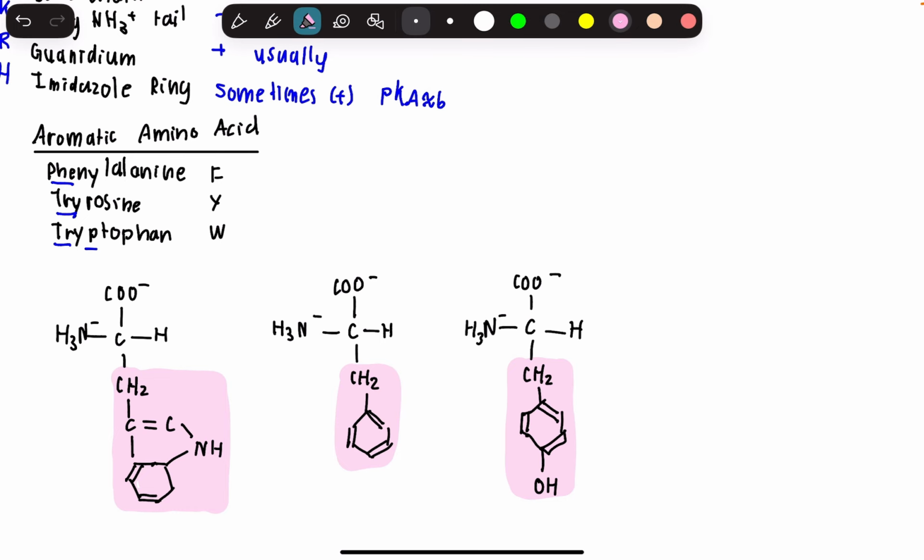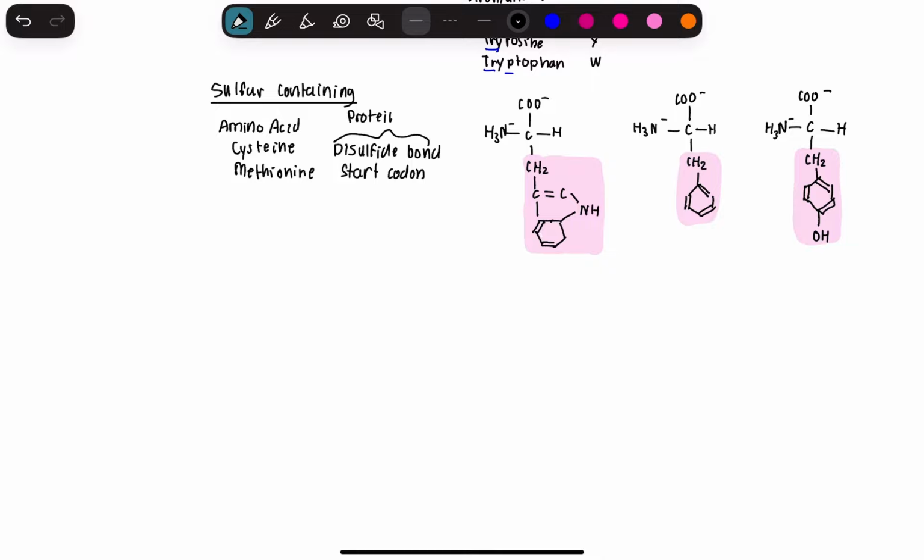And remember, disulfides mean protein stability. These are what each of these do.